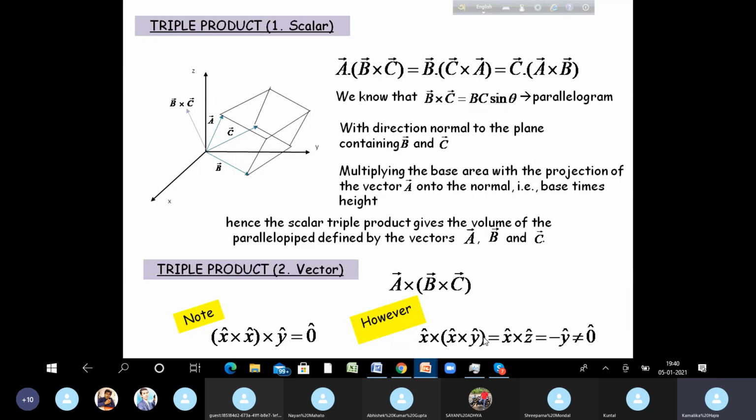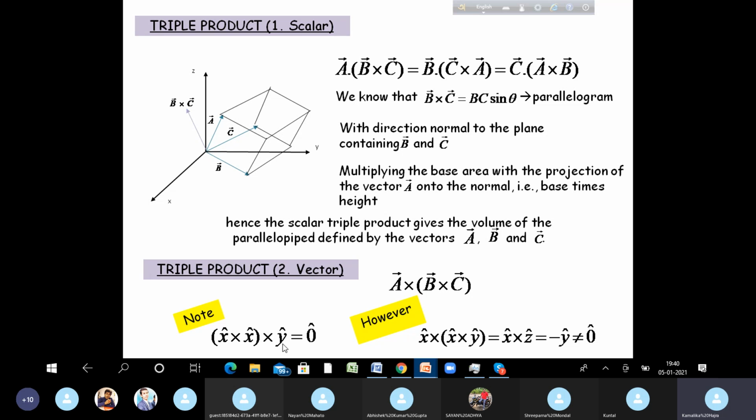And this is the difference between the scalar product and the vector product in case of triple product. In the scalar case, you can interchange the positions because it is a scalar. In case of vector, you cannot interchange the positions, and this example I have shown you proves at once what I'm trying to say.